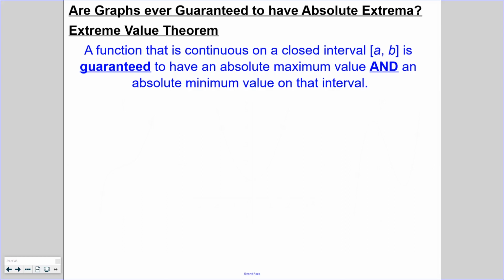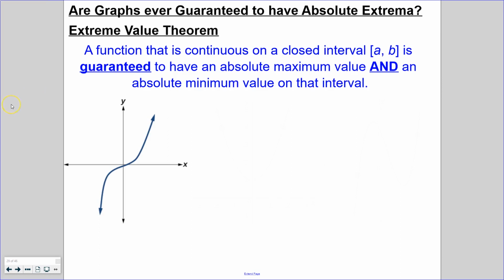So let's take a look at some graphs and how we would go about this. All right, so here is our graph of something that looks kind of like a cubic function, a little bit off though. This particular function has no absolute max or absolute min, because the end behavior goes to negative infinity and positive infinity.